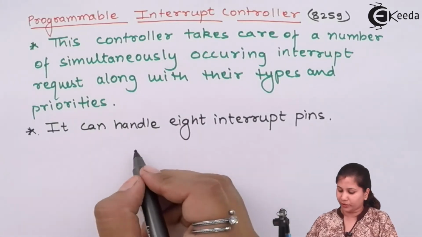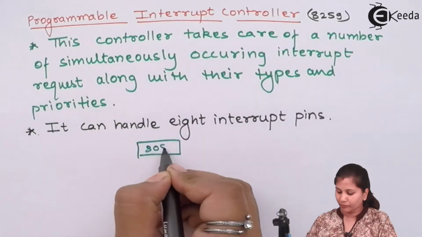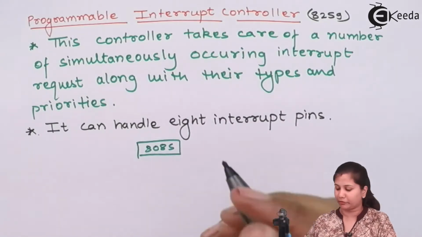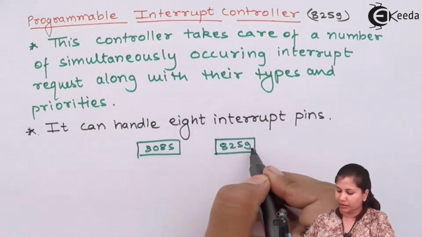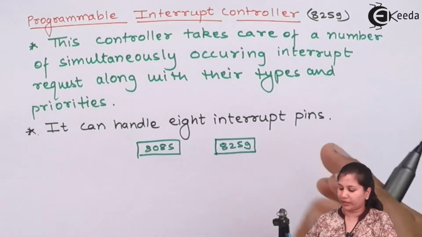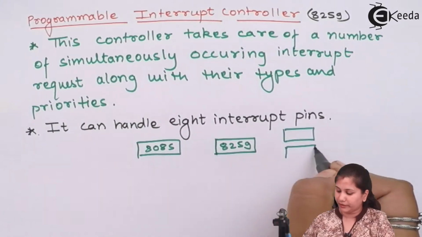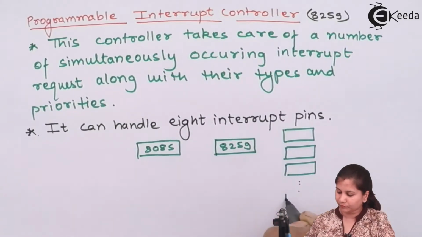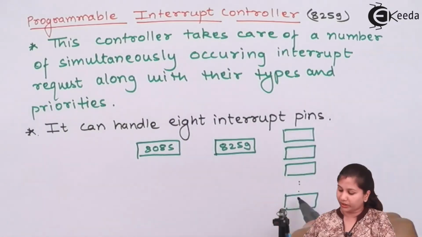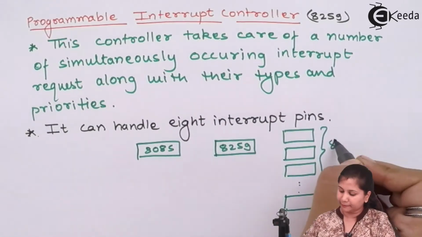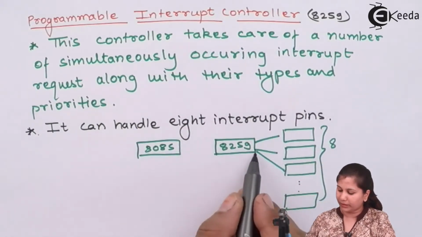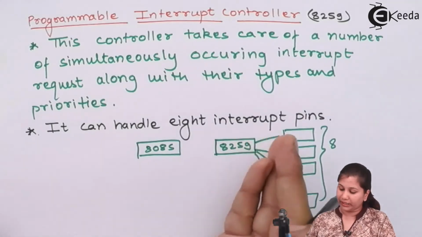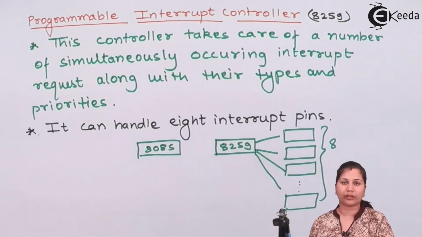Here we have the microprocessor 8085 or any type of microprocessor, and we will have this 8259 connected between the 8085 and the input output devices. So here we can have 8 input output devices, and this 8259 has 8 interrupt pins. So 8 interrupt requests can be handled by this 8259.